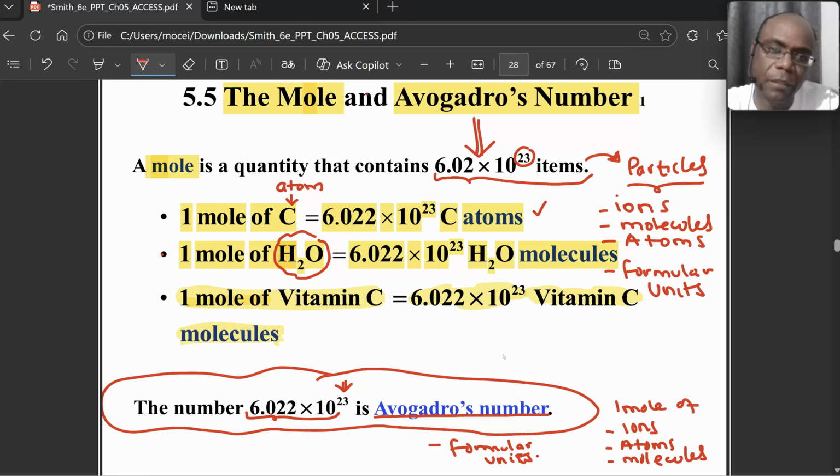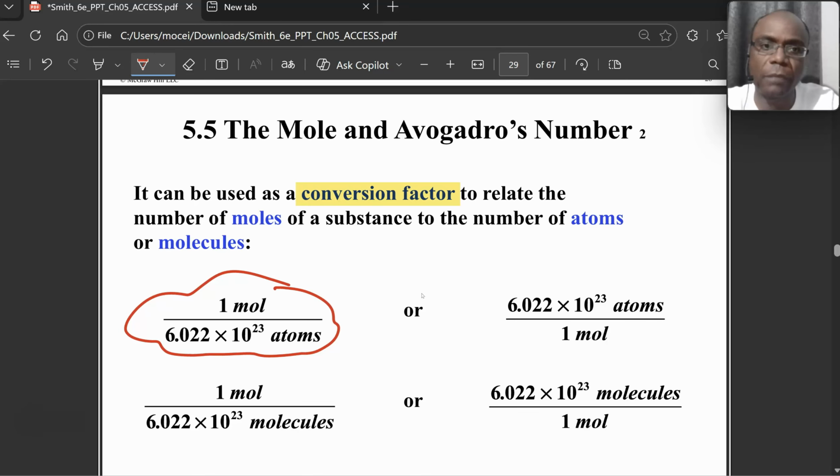You don't want to compare your chemicals in terms of grams, because they have different formula weights. But if we use the mole, it's easier to relate and quantify the amount of chemicals that you're dealing with. The mole and Avogadro's number give us a conversion factor that will help us solve for the mole given number of atoms, or solve for number of atoms given moles of a substance.